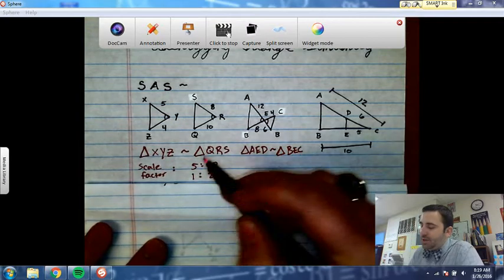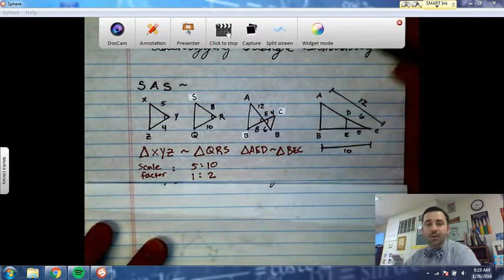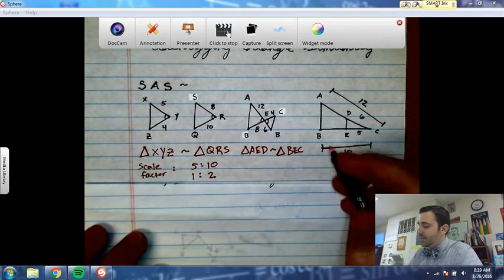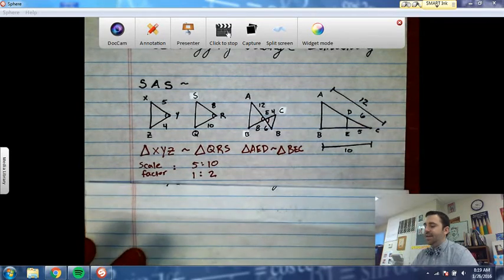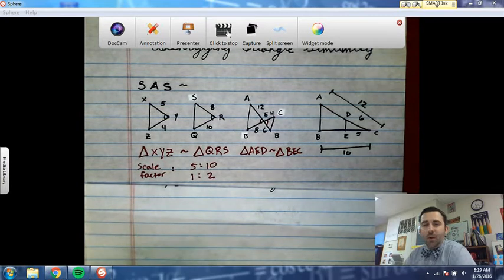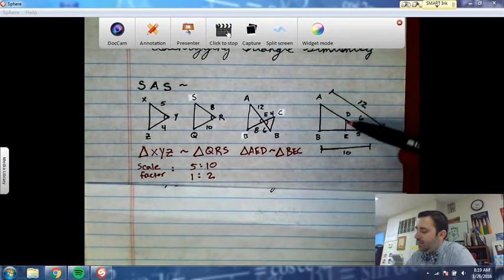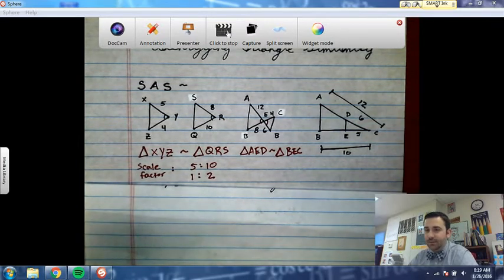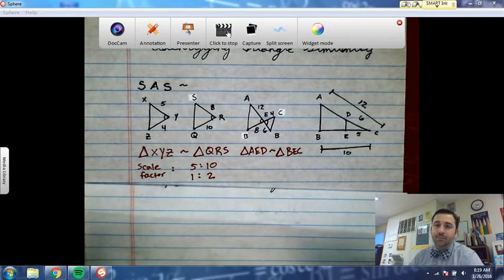Again, make sure you pay attention to naming so that you correspond with the similar sides. This next example has one triangle, but then DE creates a second smaller triangle. Now notice I see 12 and 6 and 10 and 5, so they again correspond to a common scale factor.